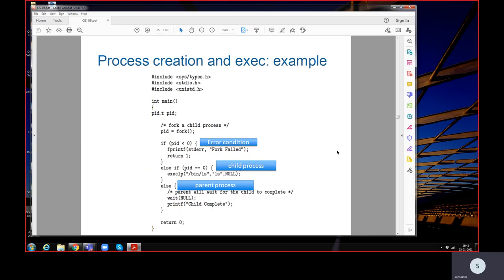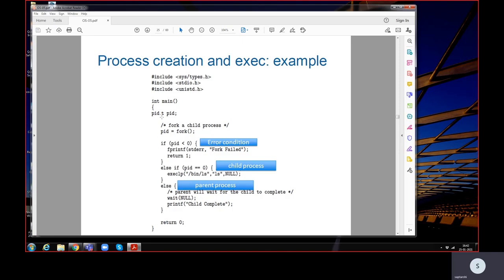Now let us show a full example. I'll end this class with this example. This is a complete example which uses fork, exec, wait, everything. First of all, you have to include this header file unistd.h, and also sometimes sys/types.h. So sys/types defines various data types which are used by the kernel, like pid_t.